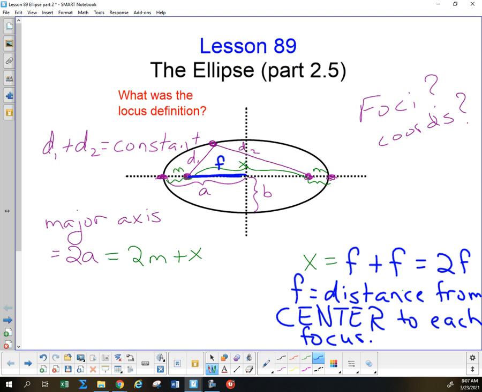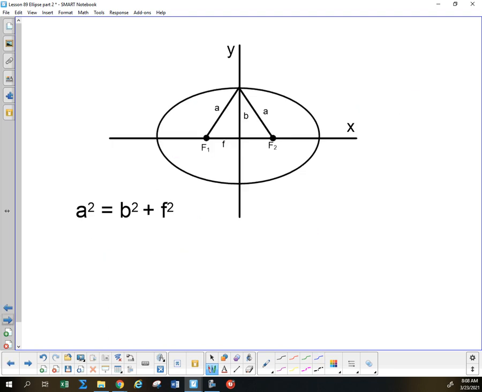So, my distance for my piece of string has to stay constant no matter what. My major axis is always 2 times a, or 2m plus that x in there. If I did my piece of string, if I were interested in the point, I'll do this one on the next picture, it's getting kind of messy.